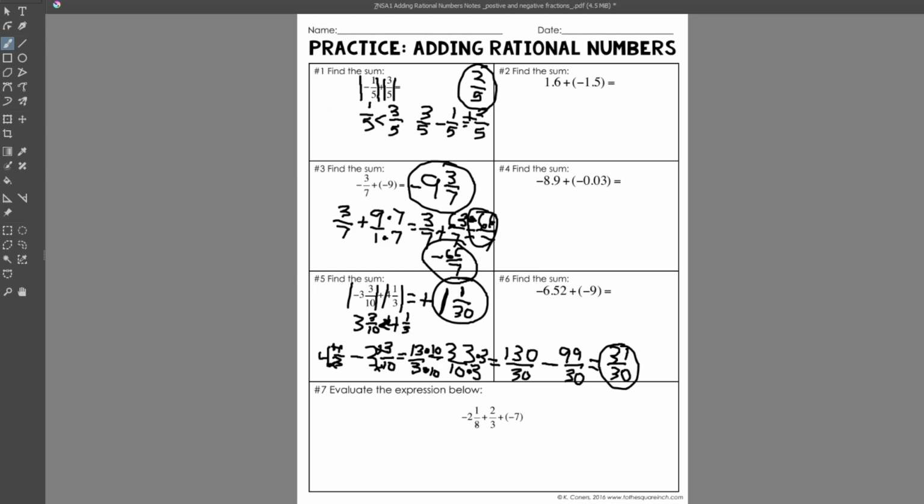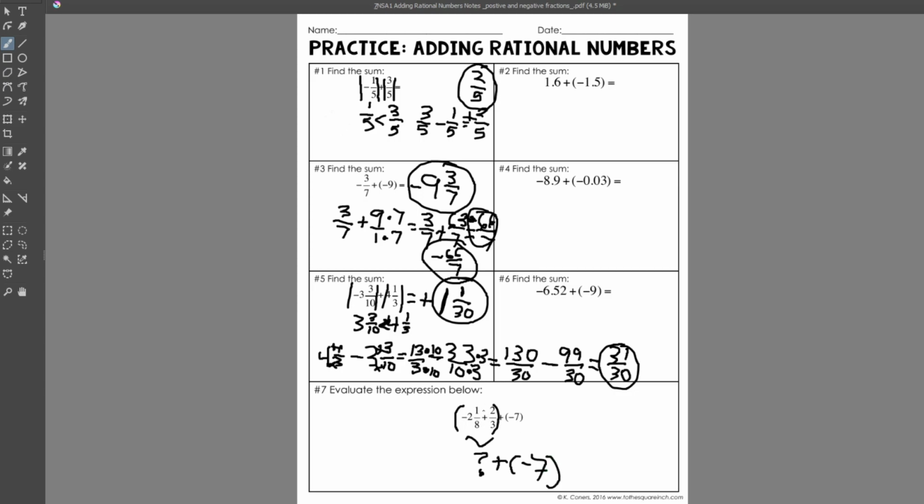Now, a tip, just in case you see one that has more than 2 addends. In this case, this has 3 addends, 1, 2, 3. I can use the associative property to break things down and just do 2 at a time. So I would find whatever the sum of these 2 numbers is, and then whatever answer I get here, I'm going to have to add negative 7 to.